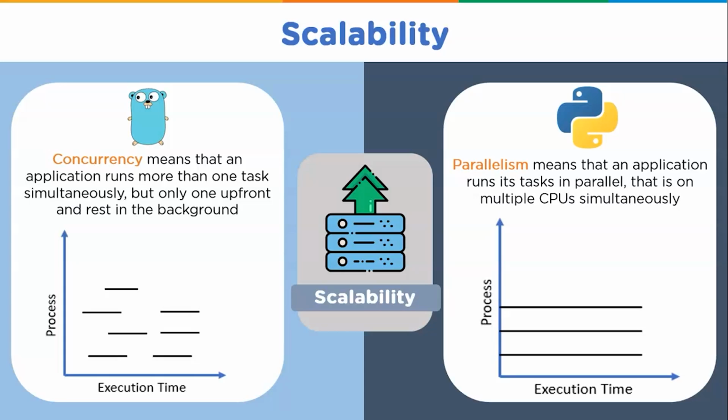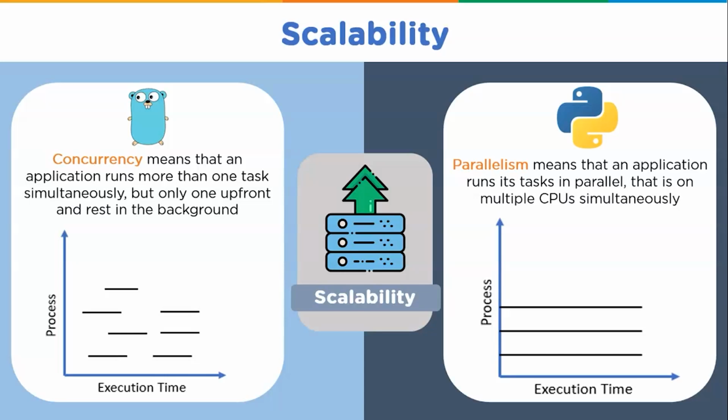Now, we move to parallelism. Parallelism means that an application breaks its task into smaller tasks that can be processed in parallel, that is, on multiple CPUs simultaneously. Let's see an example of a team of technicians building a monitor. Concurrency allows multiple technicians building different parts of the monitor, but they share one common workbench for assembling the parts.